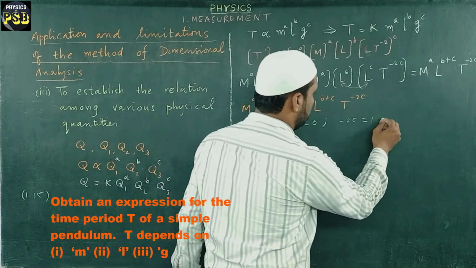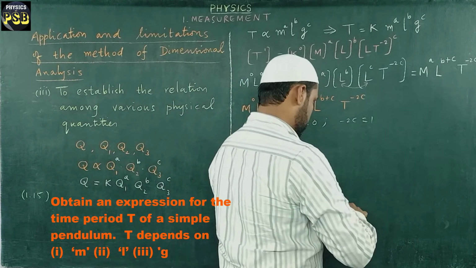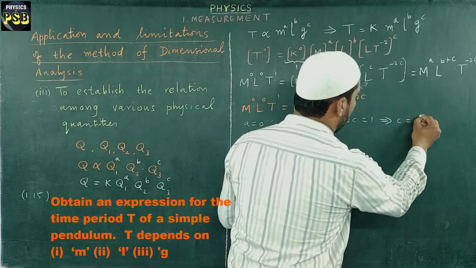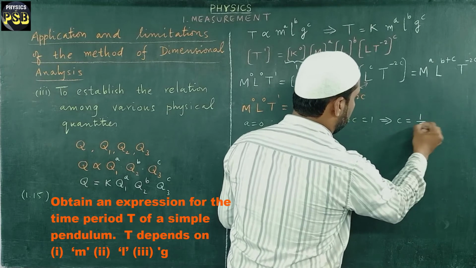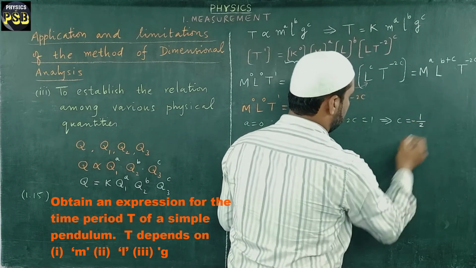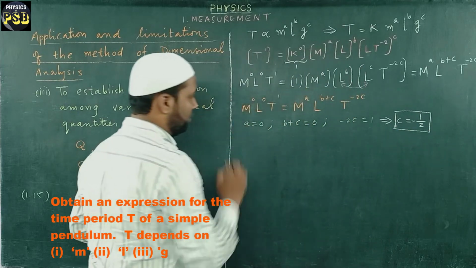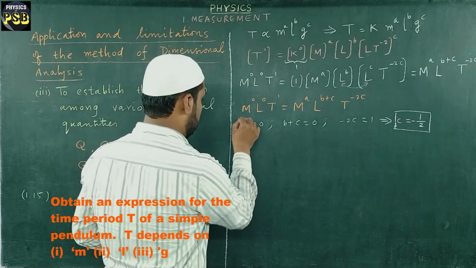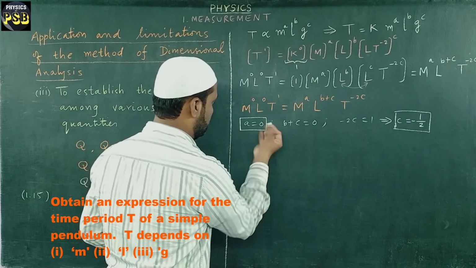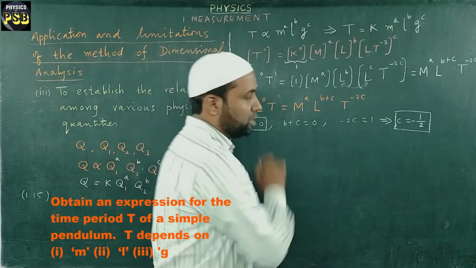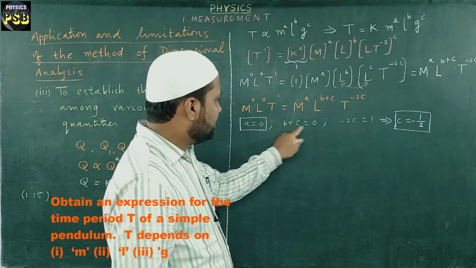So here C is equal to 1 divided by minus 2. So C is equal to minus half. Now the A value is nothing but 0, that I am going to box. After that, B plus C is equal to 0.